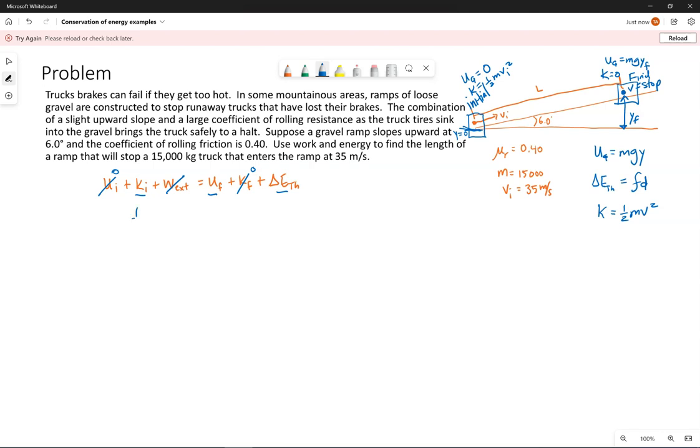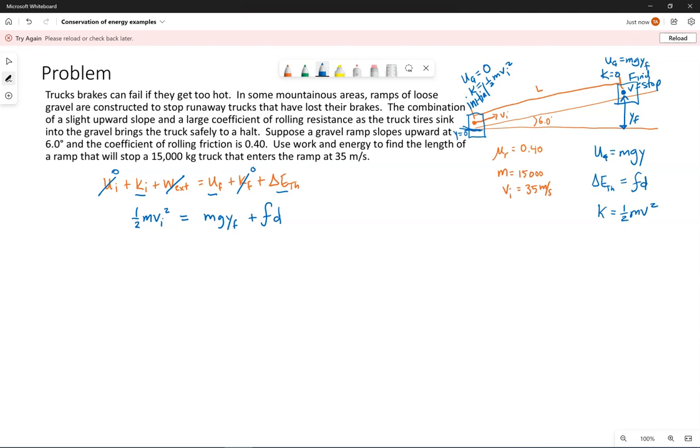So we're going to plug in these individual equations we have for this initial kinetic energy equaling our final gravitational potential energy plus the thermal energy generated. We know the mass of the truck.